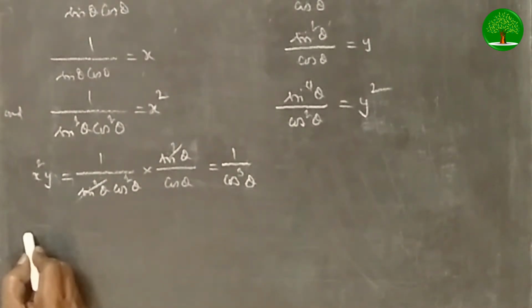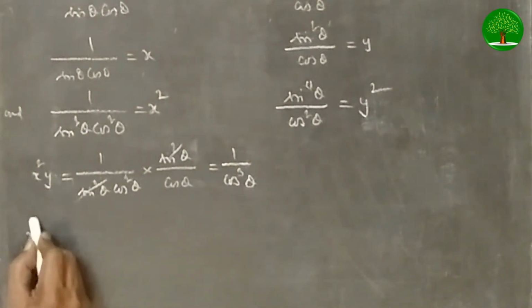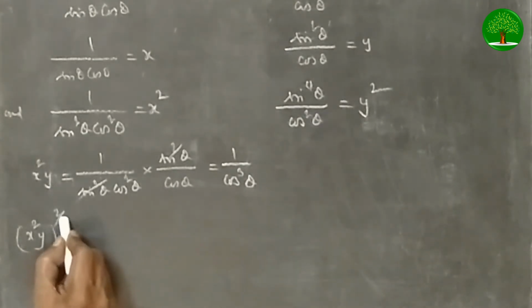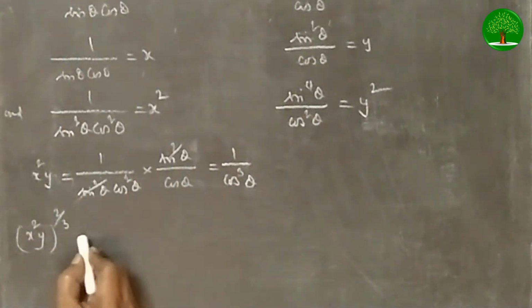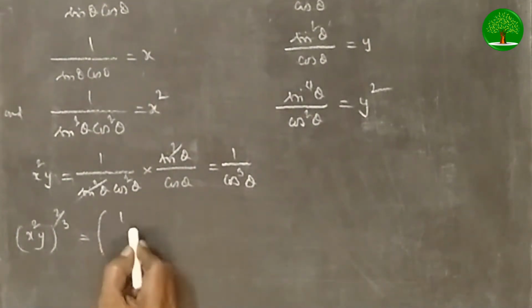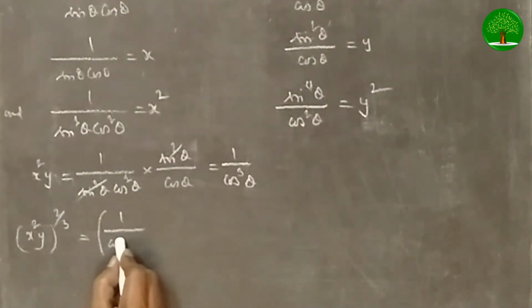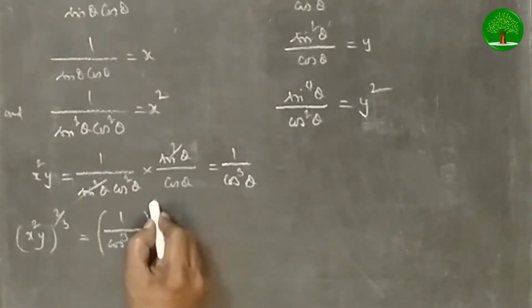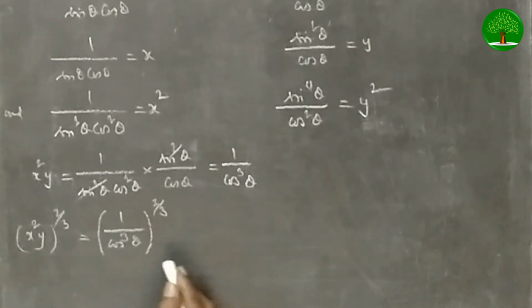Now (x square y) to the power of 2 by 3 is equal to (1 by cos cube theta) to the power of 2 by 3.